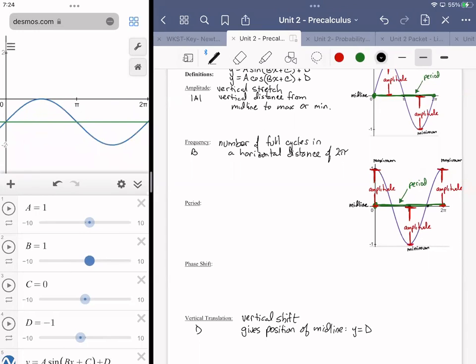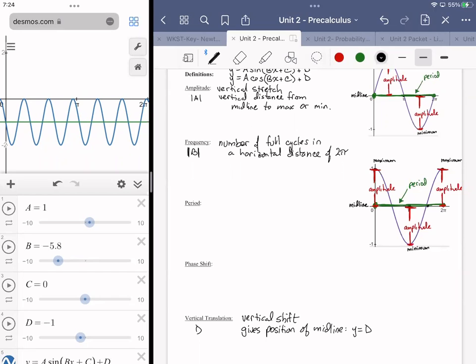It goes up, then down, then back up again. But here, it goes down, then up, then back down again. But it's still 1 full cycle. Then 2 full cycles, then 3 full cycles. 4, 5, and so on. So it's really the absolute value of whatever the b is that gives the number of full cycles in the horizontal distance of 2 pi.